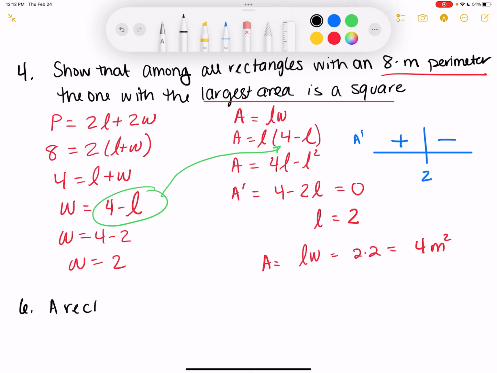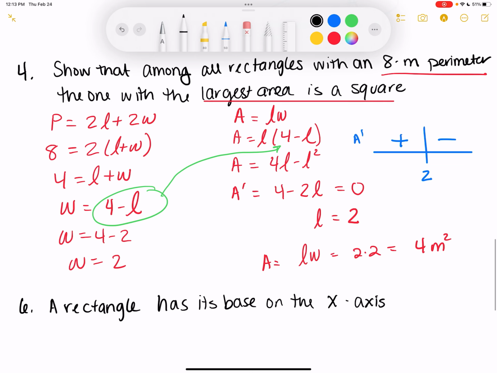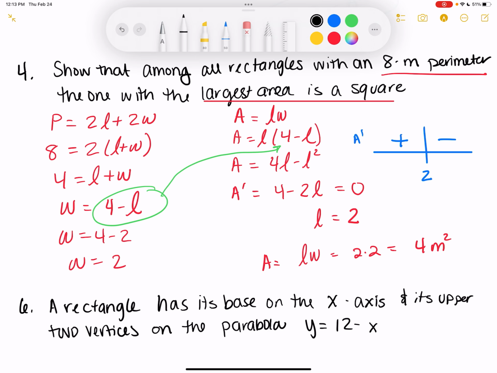A rectangle has its base on the x-axis and its upper 2 vertices on the parabola y is equal to 12 minus x squared.